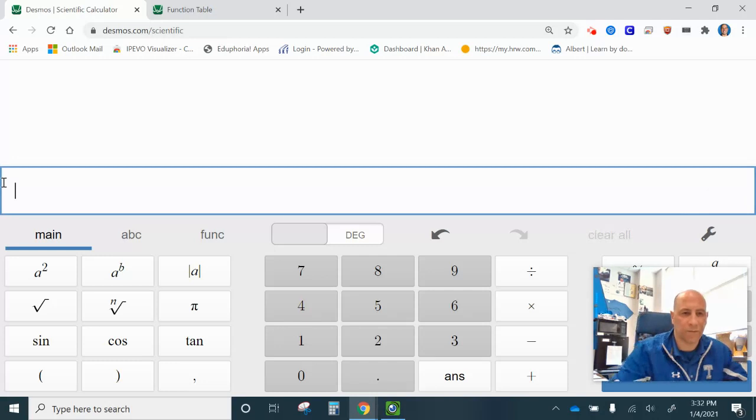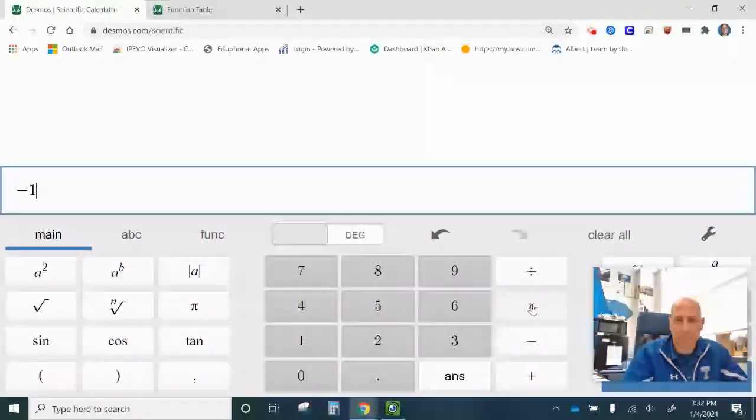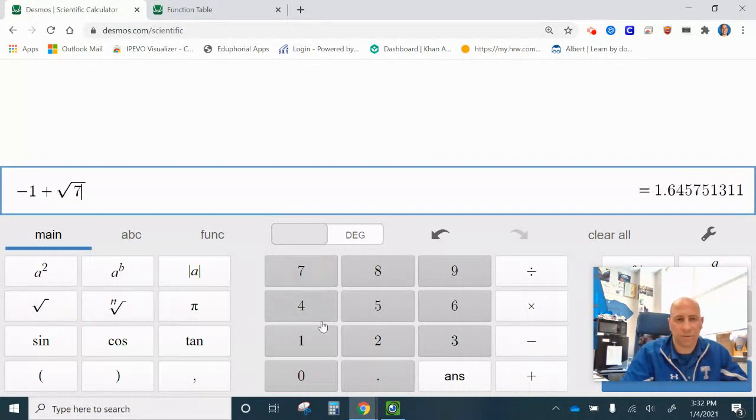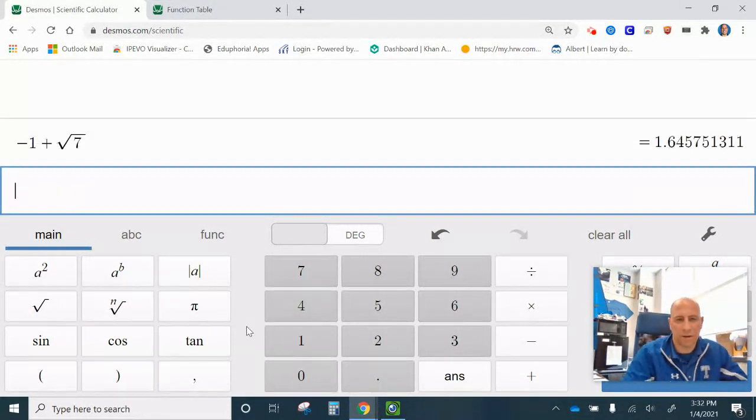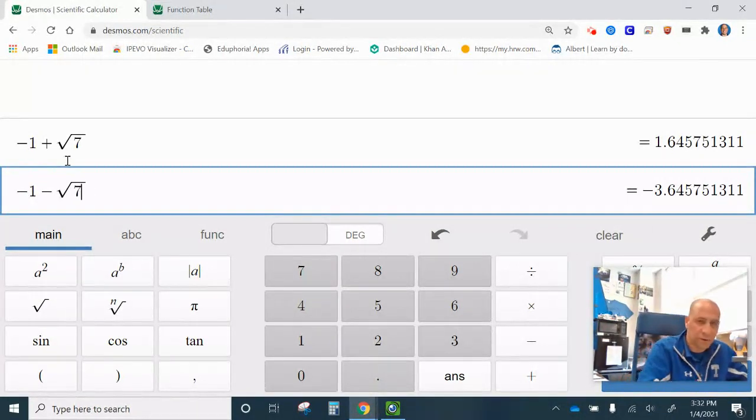So we have negative 1 plus the square root of 7, and then negative 1 minus the square root of 7. So this is the small, that's the large. So the small critical value is negative 1 minus the square root of 7, and the large is negative 1 plus the square root of 7.